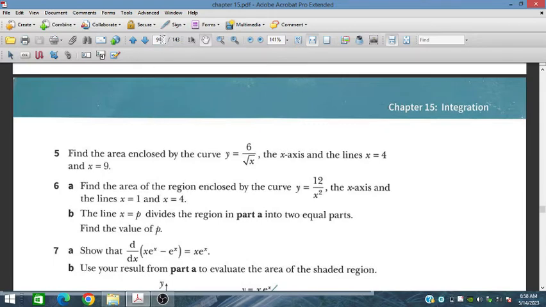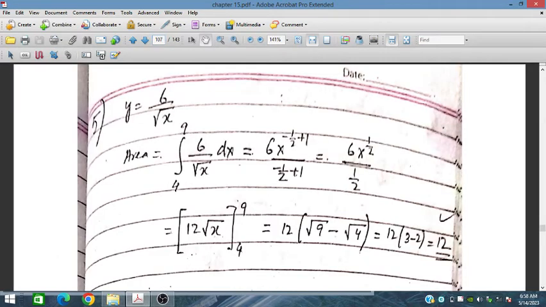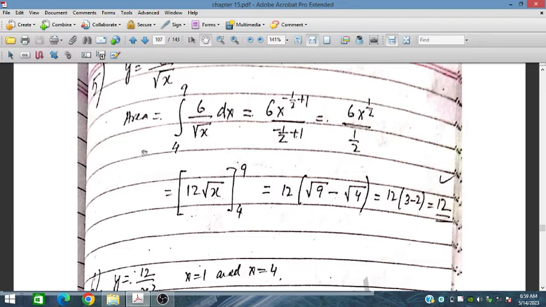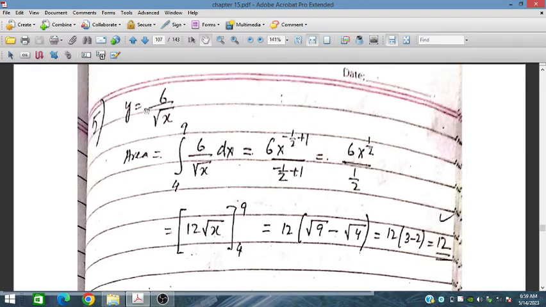We place this function here and take the limits 4 to 9. On taking the integral we have obtained this result, and on substituting the limits from 4 to 9 we obtained this. This is a 1 mark question, so it's simple.